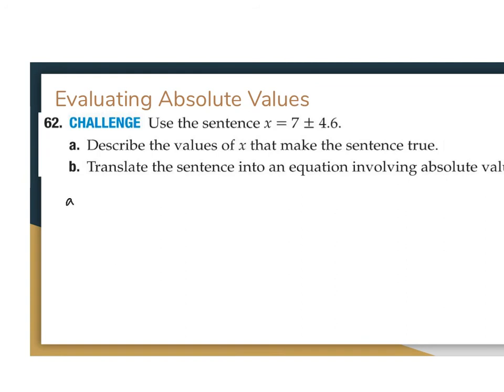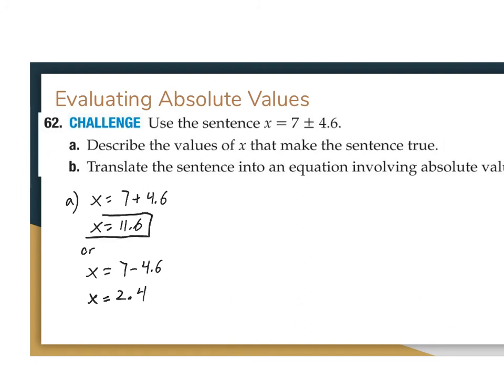Okay, well, let's think about that. x is equal to 7 plus 4.6, so x is equal to 11.6, or x is equal to 7 minus 4.6, which means x is equal to 2.4. So our two equations are those.